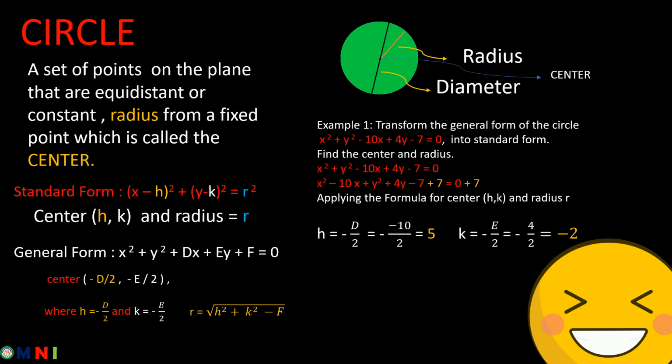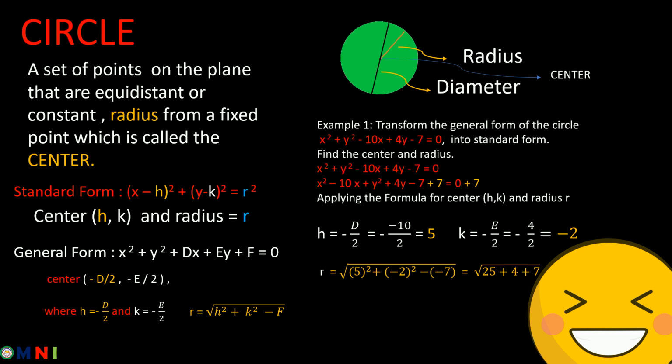So positive 5. Well, for k, it is the coefficient of y, so that is 4 over 2, then it's negative, so it's negative 2. So therefore, we can find the radius as well.